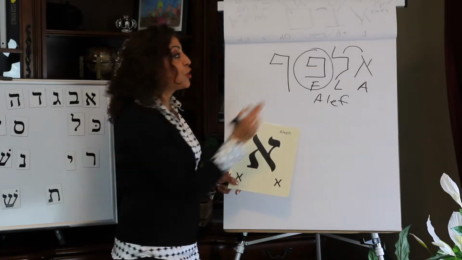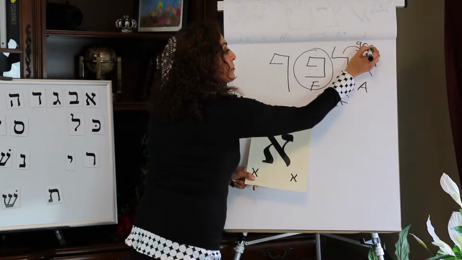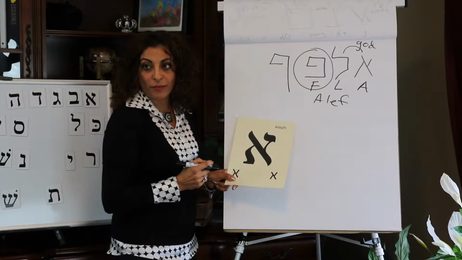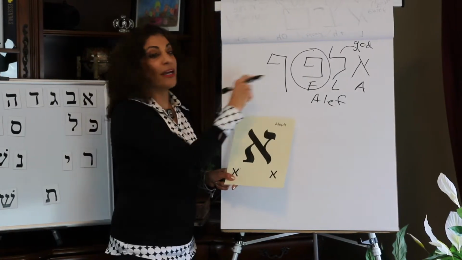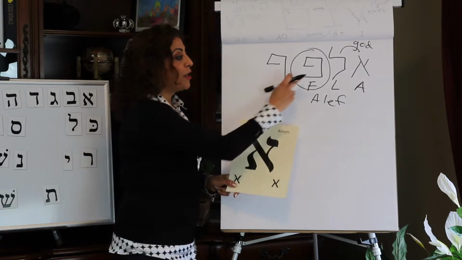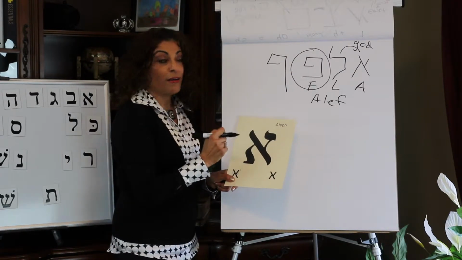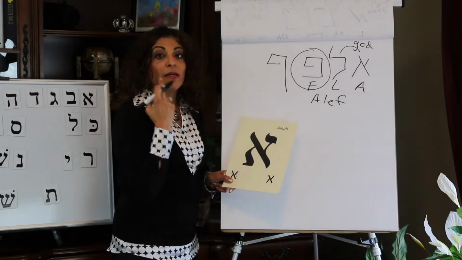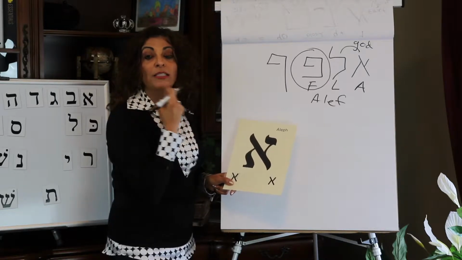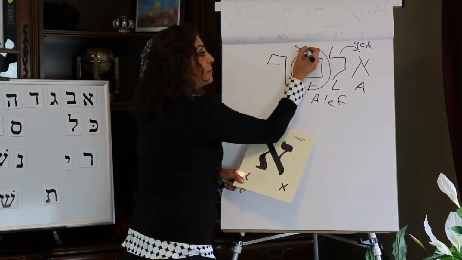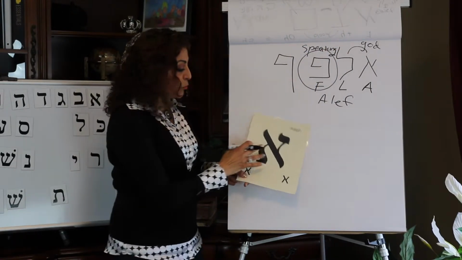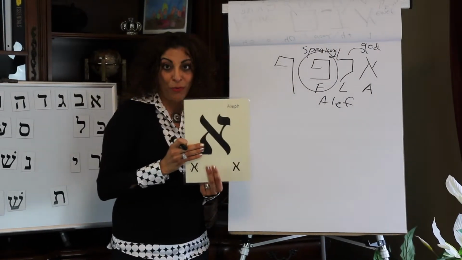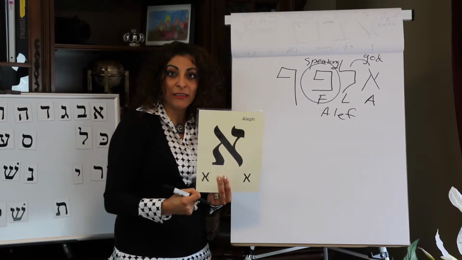El means God. It's one. Remember I told you that there's 104 names for God? El is one of them. Okay. Fe, the meaning of Fe is mouth, meaning speaking. So what does the word Aleph really embody?